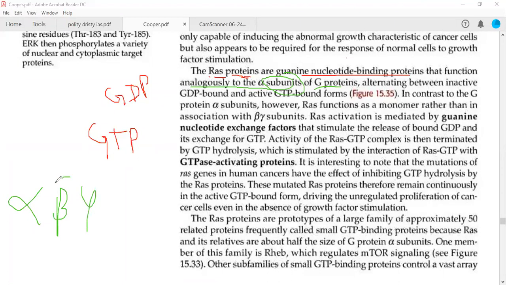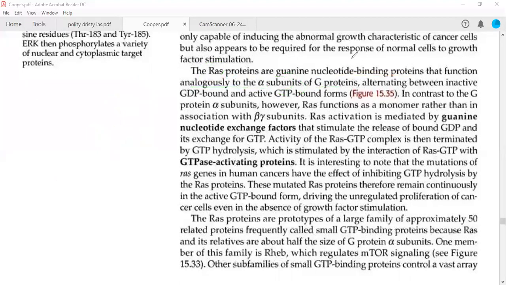Beta gamma forms a complex, whereas alpha is bound with either GTP or GDP. When it is bound with GTP, it dissociates from the beta gamma complex and activates other proteins. Similarly, this RAS protein behaves like the alpha subunit of G protein, as I have already told you. So it will alternate between the active and inactive form.